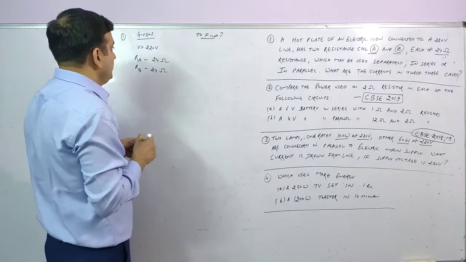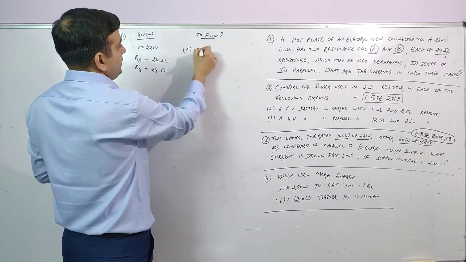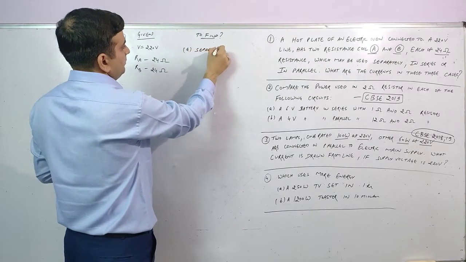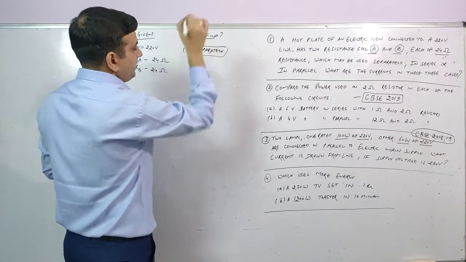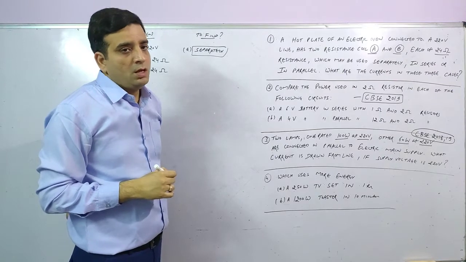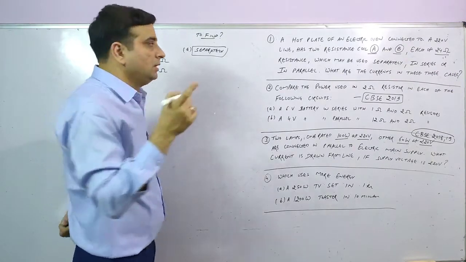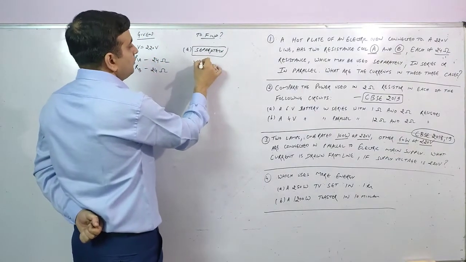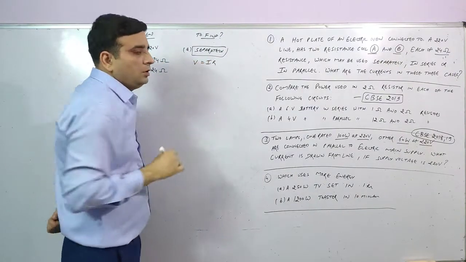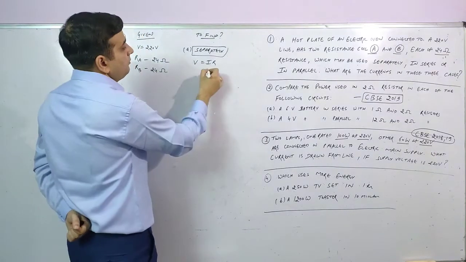So how can we calculate? The first case is, let's assume we are using them separately. At one time we are using the first coil. By applying Ohm's law, which is V is equal to IR, what we have to calculate?